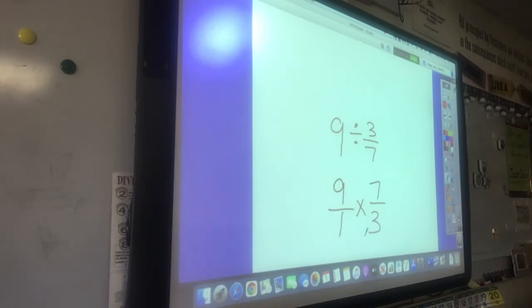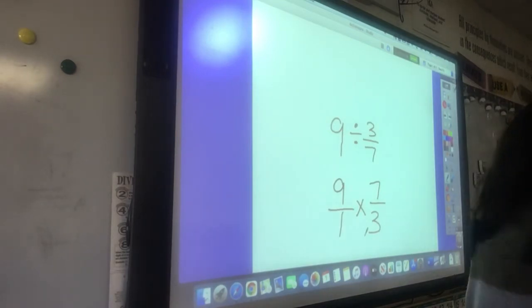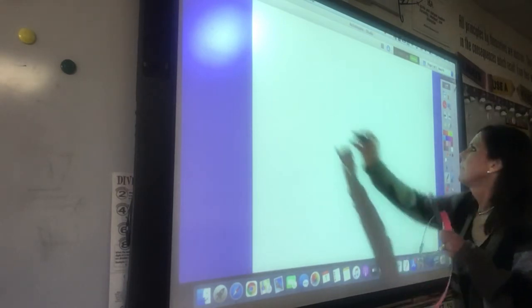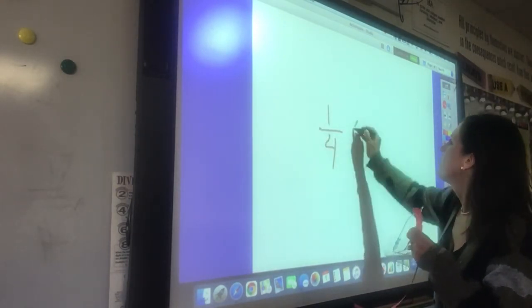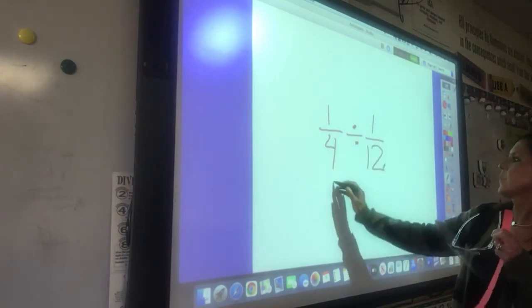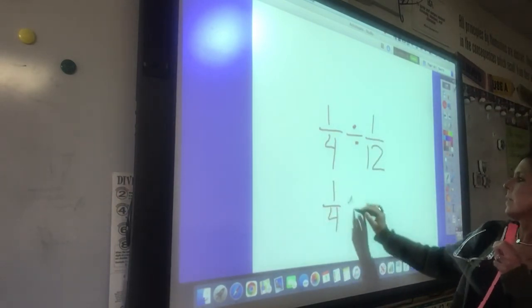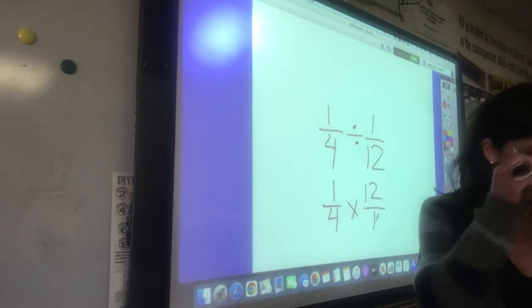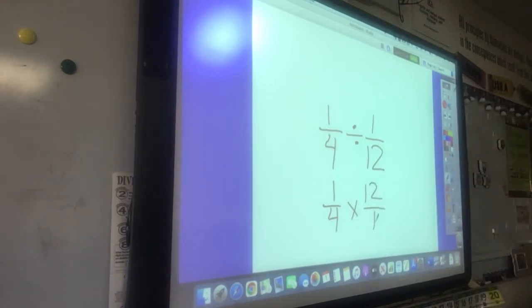Okay, so we did whole number divided by fraction, so let's do a couple of fraction divided by fraction. Same thing, you're gonna keep, change, flip. So let's do 1/4 divided by 1/12. Okay, so we're gonna keep, we're gonna change, and we're gonna flip. And we're gonna be able to cancel the 12 and the 4.